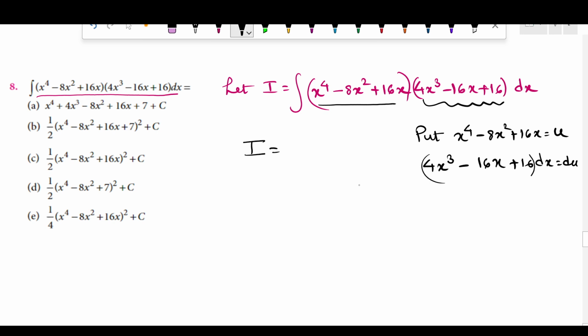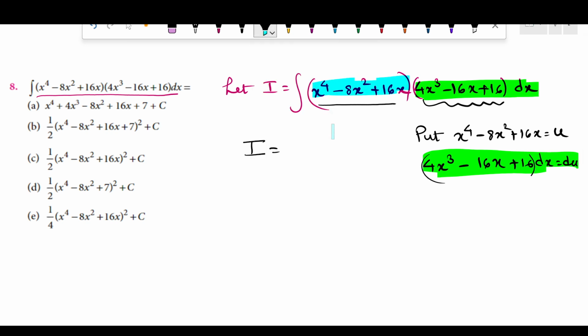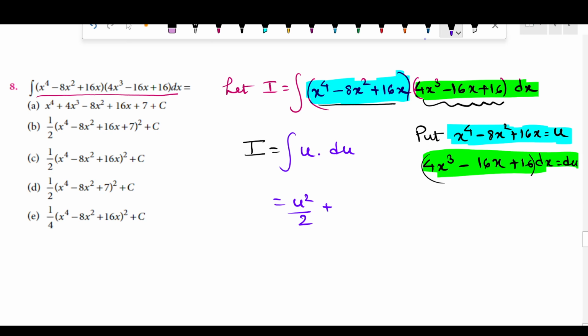Right. So this part becomes what? du from here, and this part over here becomes your u. Right. So you are left with u into du, which is equal to u square by 2 plus c, where c is an arbitrary constant.